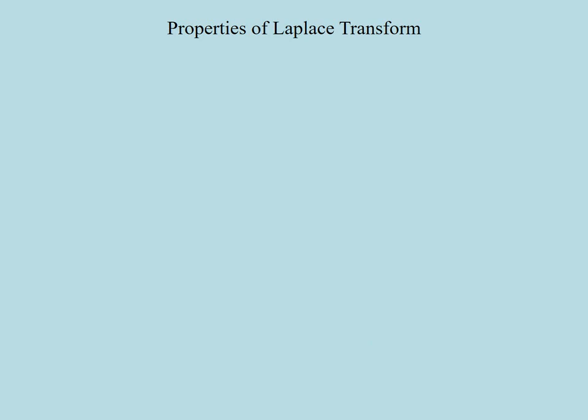The last theorem we are going to review is the famous convolution theorem. Let us consider two Laplace transform pairs, that is, f1 of t has the Laplace transform capital F1 of s, and f2 of t has the Laplace transform capital F2 of s.